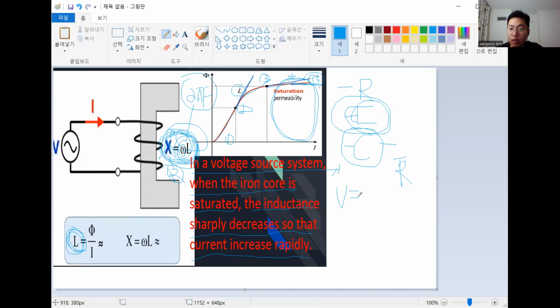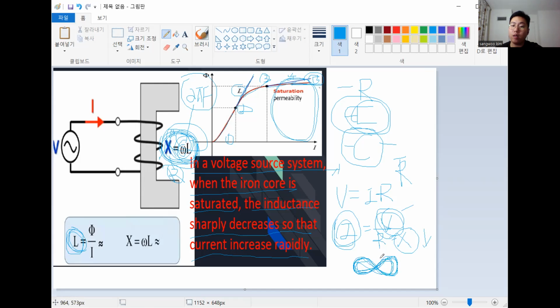Since we use a voltage source system, so look at that. R equals X. So we say V is a constant value, right? Same value. But if R is 0, I gotta be infinite. You know what I mean? Actually, it cannot be infinite because of a real resistor.